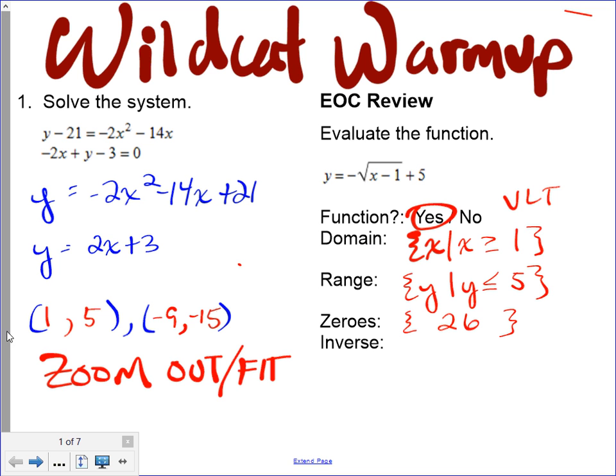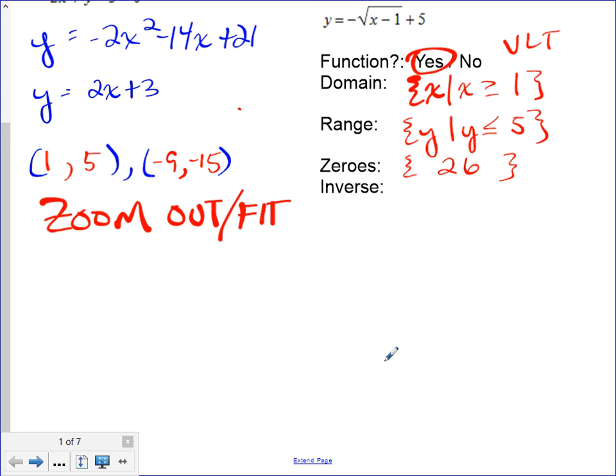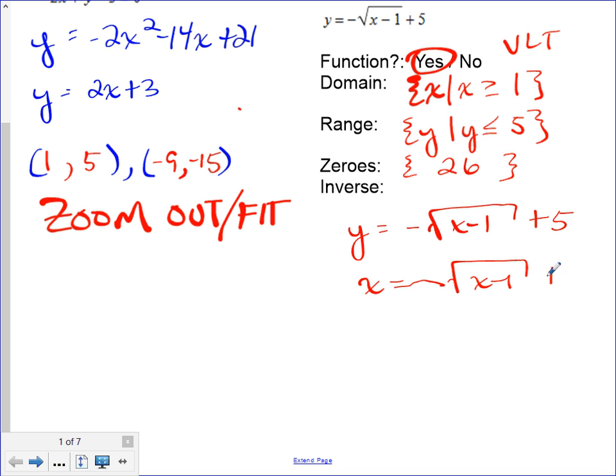All right, last but not least, the inverse. Now let's go rapid fire here. Tony, what's first? Bingo. It's an ugly negative sign. Tia. Good.